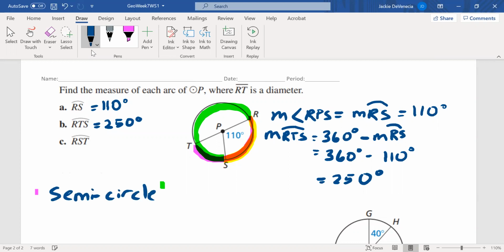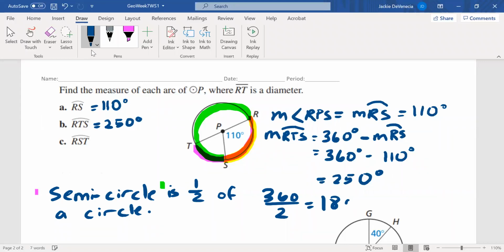A semicircle is half of a circle. So if your total number of degrees is 360, half of 360 will be 180. So this one will be 180.